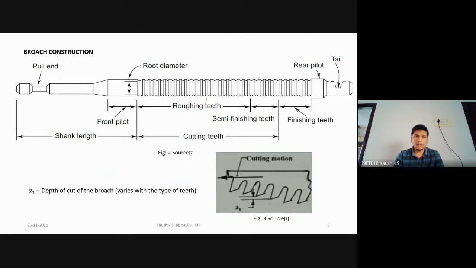Let me talk in detail about the broach construction. Over here in figure 2, you can see the image of a broach. The broach has a series of teeth on its surface. To start with, it has roughening teeth, semi-finishing teeth, and finishing teeth in order.